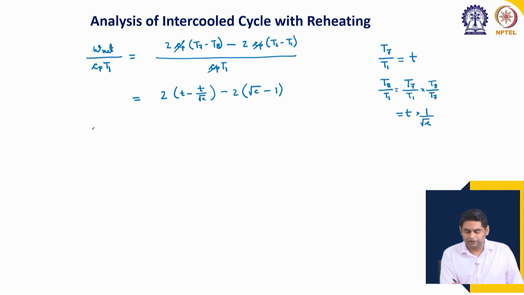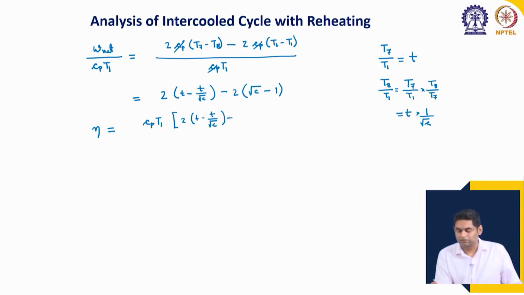Okay. So, the efficiency then in this case will be equal to W net divided by Q in, with W net being Cp T1 into this non-dimensional value, which is equal to 2 T minus T by root c minus 2 within bracket root c minus 1, divided by Q in.